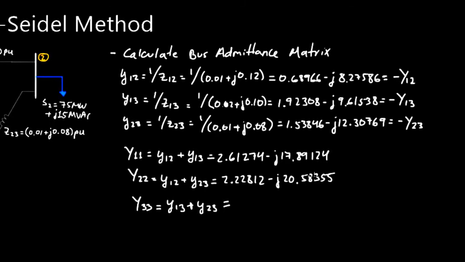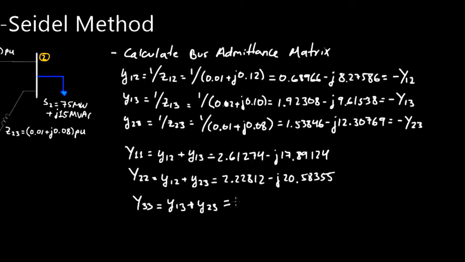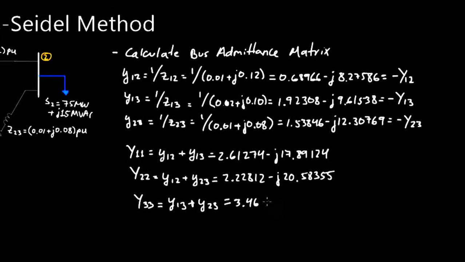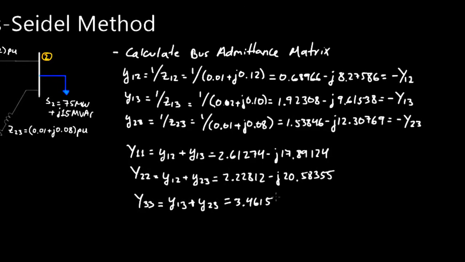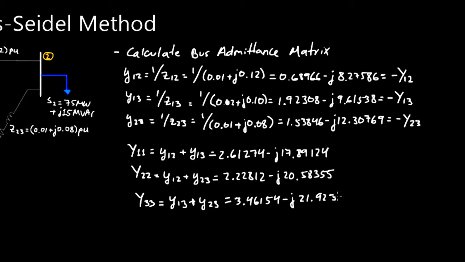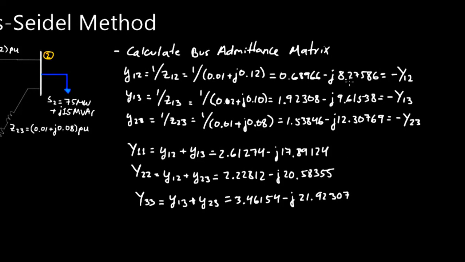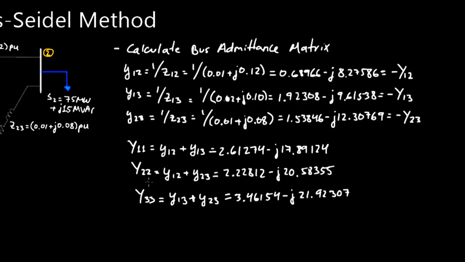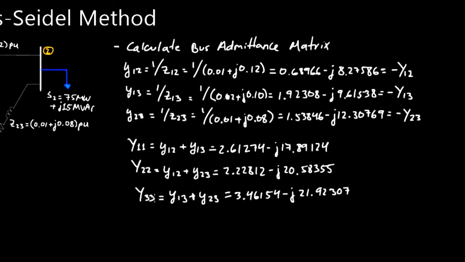And then lastly for Y33 we get 3.46154 minus j21.92307. And so there we have all the terms that we're going to need in our bus admittance calculations. So Y12, Y13, Y23, and then the diagonal terms Y11, Y22, and Y33.